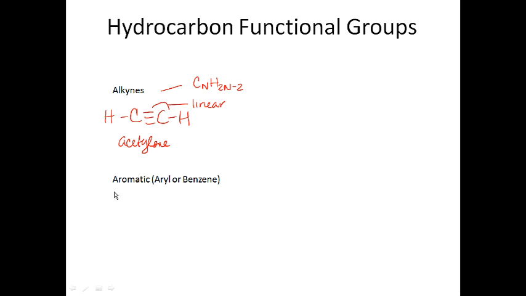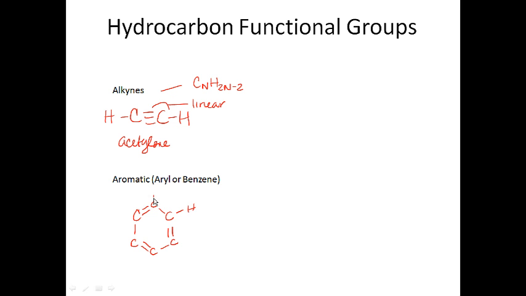The fourth hydrocarbon functional group is what's called an aromatic, or sometimes an aryl or a benzene functional group. This functional group has 6 carbons in a ring with alternating single and double bonds.